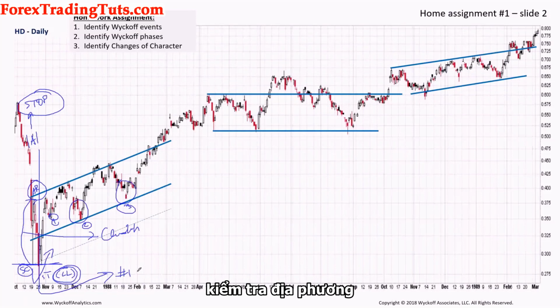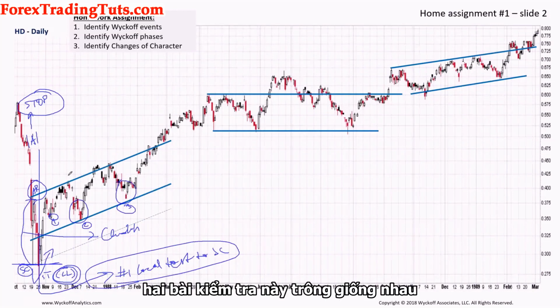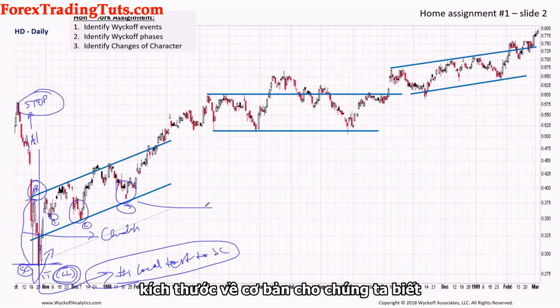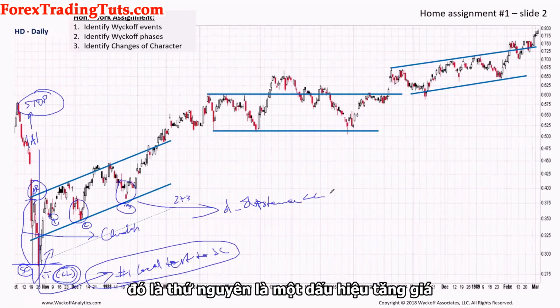that was a local test to the selling climax. And then these two tests look like the same magnitude, but they are diminishing in size, which basically tells us that 2 and 3, in the downward distance that is diminishing, is a bullish sign.